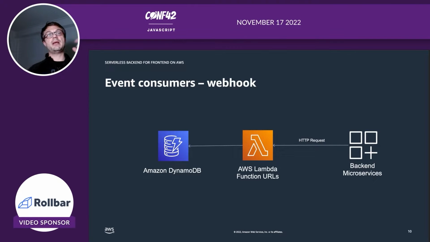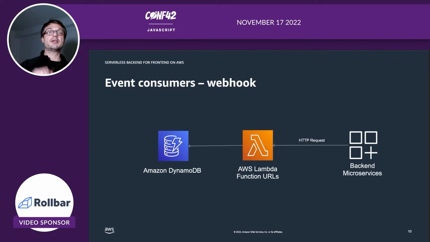Another scenario you can think of to populate your DynamoDB table with data from backend services is to implement a webhook. Usually a webhook is a quite simple web endpoint which responds to GET or POST requests with some data in them. And the simplest way you can do that on AWS is to implement those endpoints with a Lambda function.